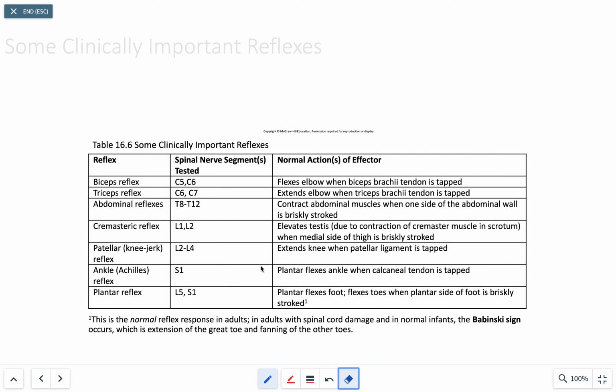So these are just some clinical importance. The most important aspect is we're looking at the overall spinal nerve communicating with the spine for all of these. We're looking at normal responses, mostly in adults, checking on any spinal cord damage or any compression that's going to inhibit sensory to a motor response.